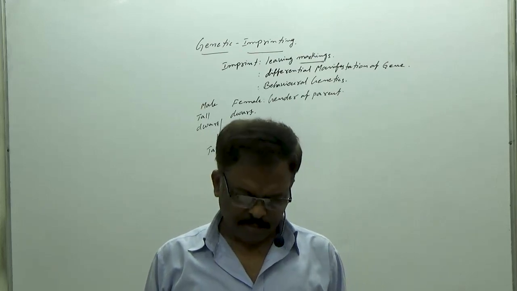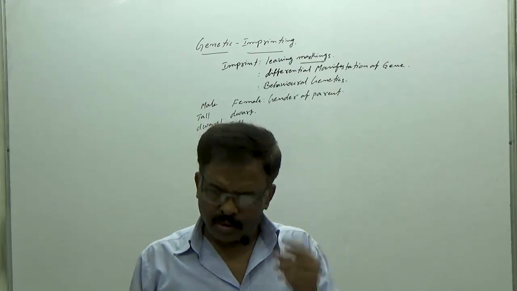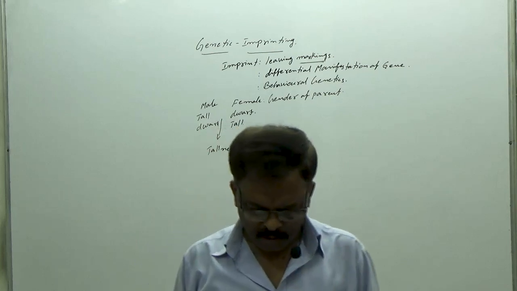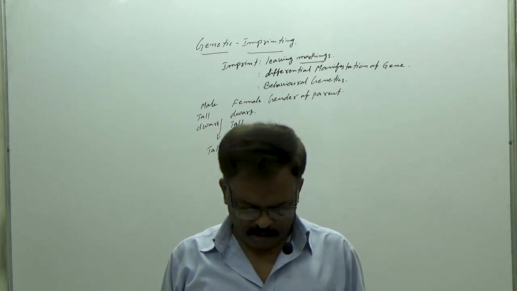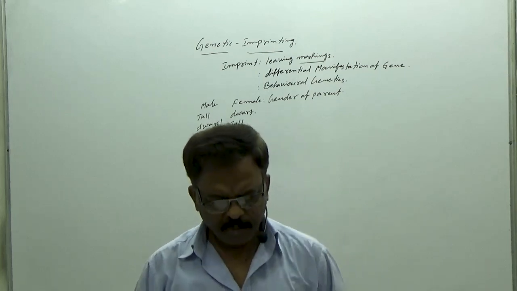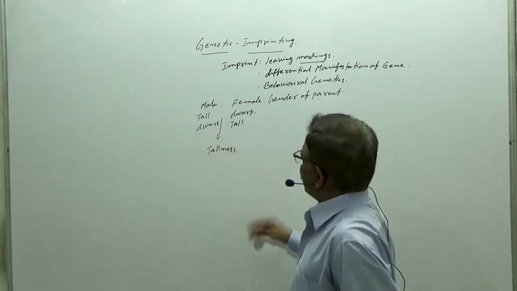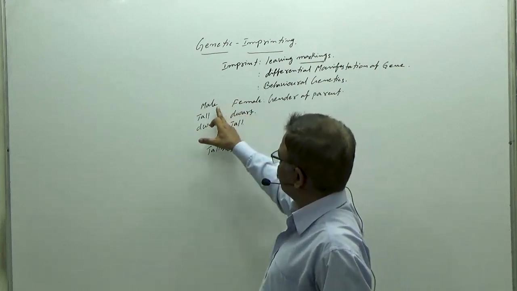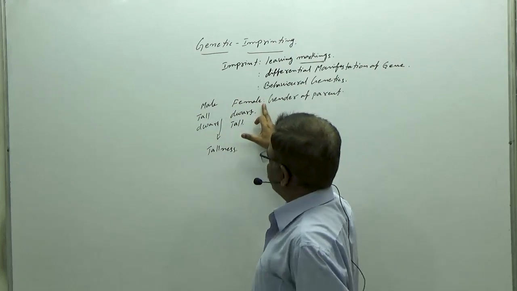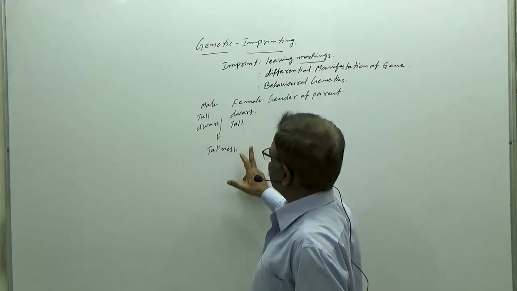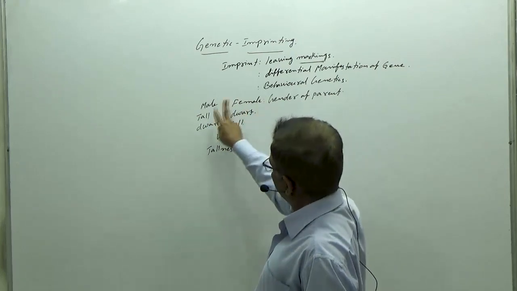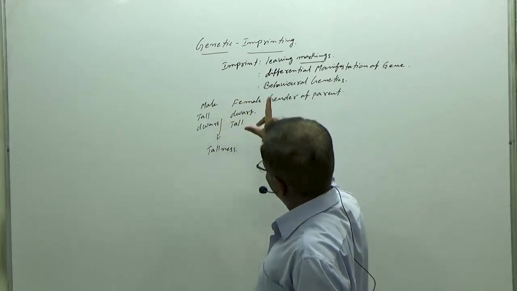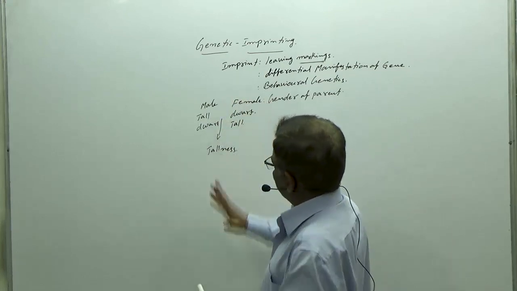But this rule is not a universal rule. See, if father is tall, mother is dwarf, children are tall. Even in reciprocal crossing also, result is same.